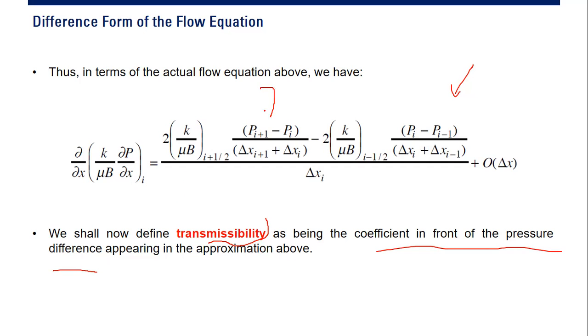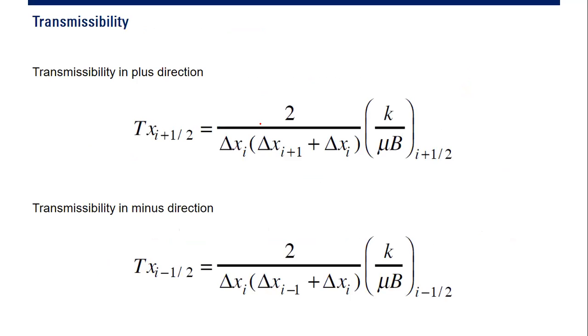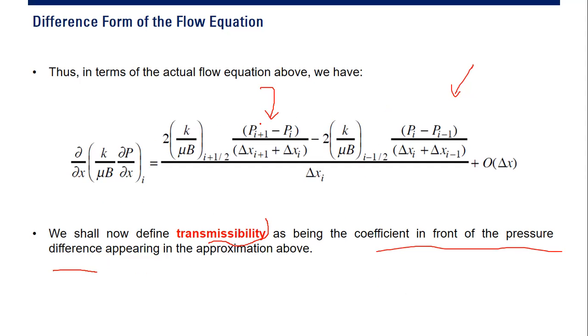So we have this pressure difference, P at i plus 1 minus Pi, and then Pi minus Pi minus 1, and the parameter in front of the pressure difference we call transmissibility.